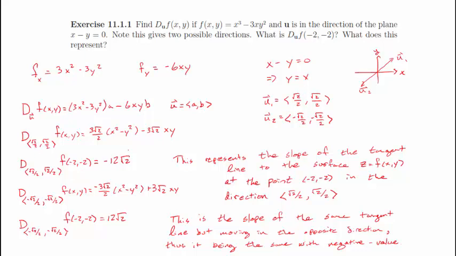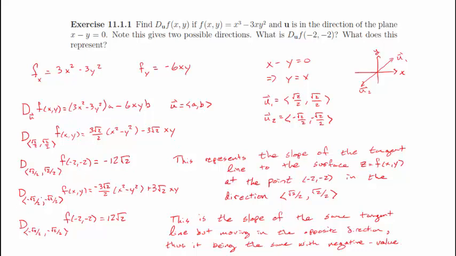So the first line I had up here is my directional derivative of f of x comma y in the direction u1 for any point. So I could plug in any point x comma y and know what the slope is in that specific direction of u1. Then we're getting what the slope is at that specific point when I plug in negative 2 comma negative 2.